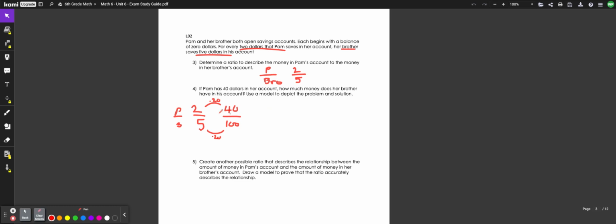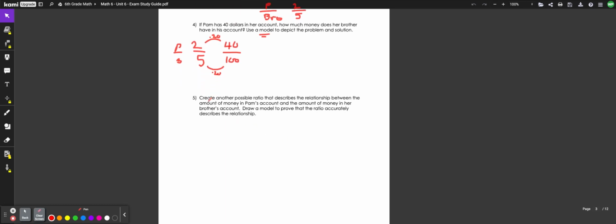Now, you can use the model where it looks like a fraction. You can use the model where it looks like the colon. You can use a tape diagram, a double number line. Any of those models would be fine in demonstrating, modeling, or depicting the relationship between Pam's account and her brother's account. Now, create another possible ratio.